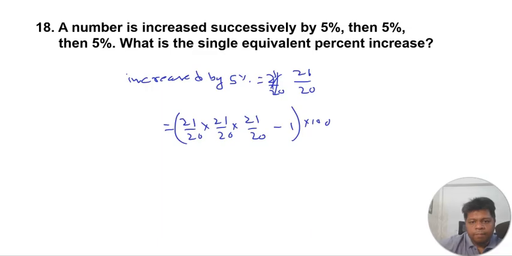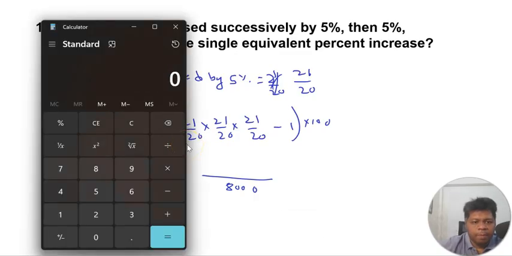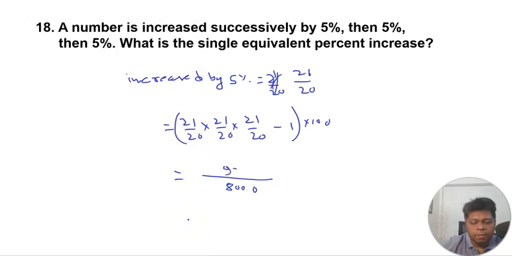Okay. So the value would be coming down, it will be 8000, and let's use the calculator once more. Nine to 6, so this is minus 1 into 100. Okay, so we will be getting 1261 by 8000 into 100.